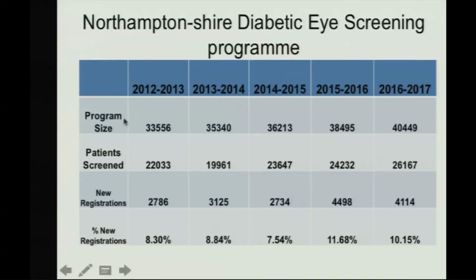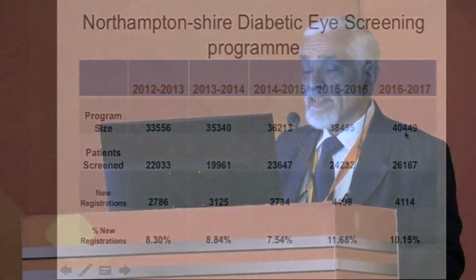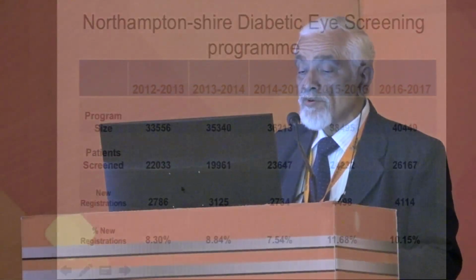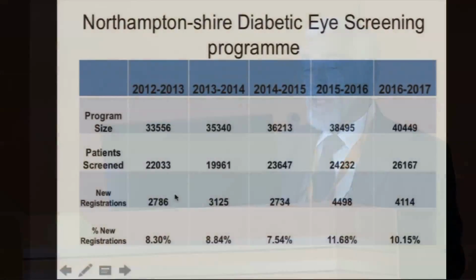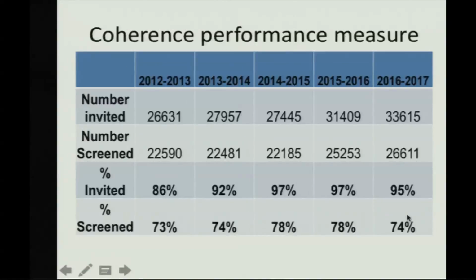Here we see in 2012-13, the size of the program was 33,556, which increased to 40,449 in 16-17. The new registration was 2,786 in 12-13, which increased to 4,114 in 16-17. That means there was an increase from 8.3% to 10.15%.